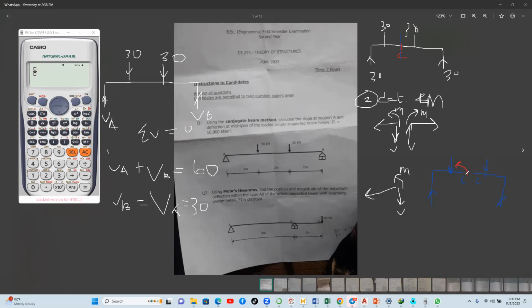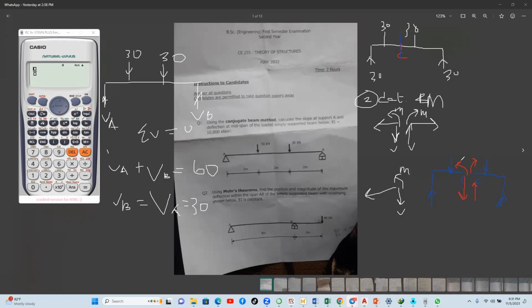It will be like this. Okay, very good. So here is your M, here is your V, your M, your V.